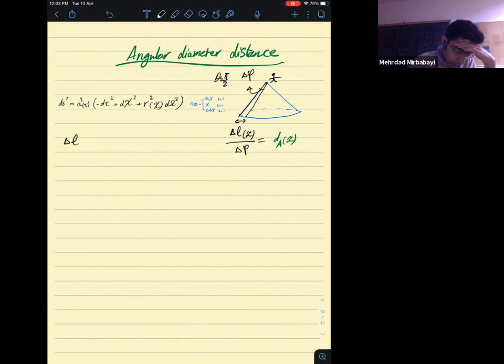So delta L at redshift z is just going to be a as a function of z times r of chi as a function of z times delta phi.